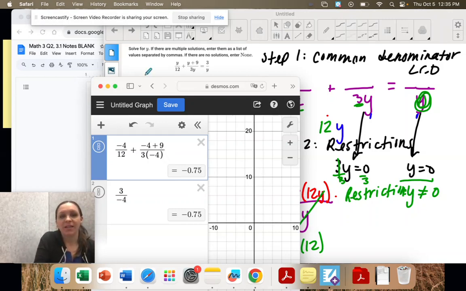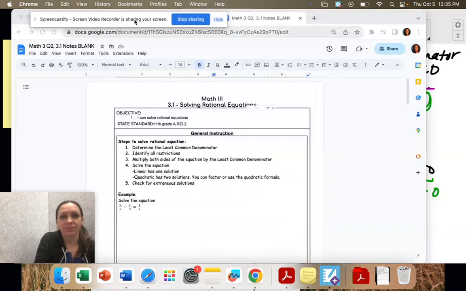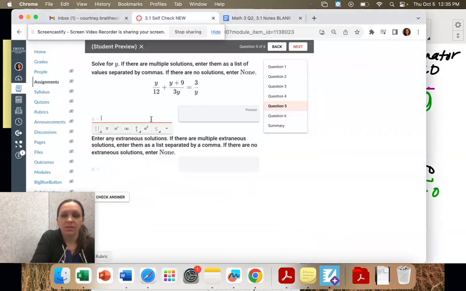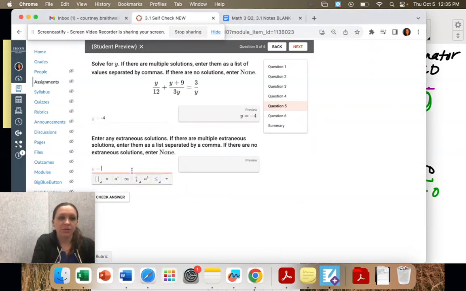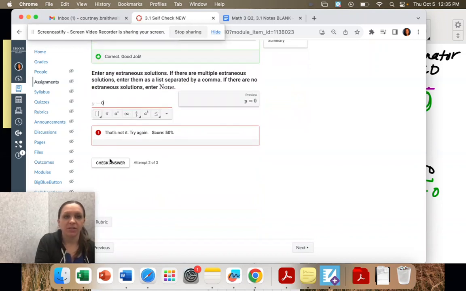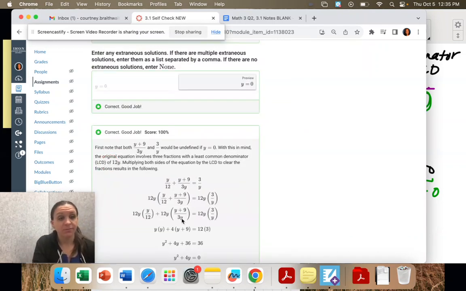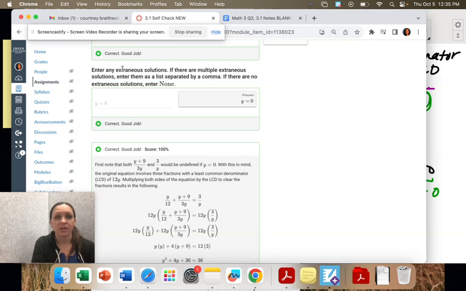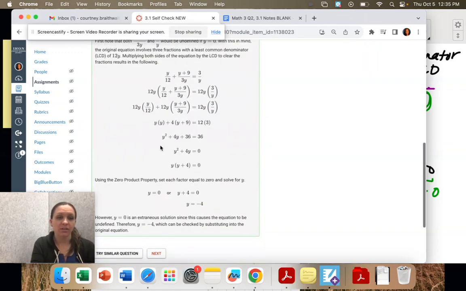So that means negative 4 is a solution. And 0 is not extraneous. It's just not a solution. It doesn't exist. Well, maybe they do want 0 there as extraneous. They do. Well, I wouldn't call it a solution, but an extraneous solution means that it's not a solution.